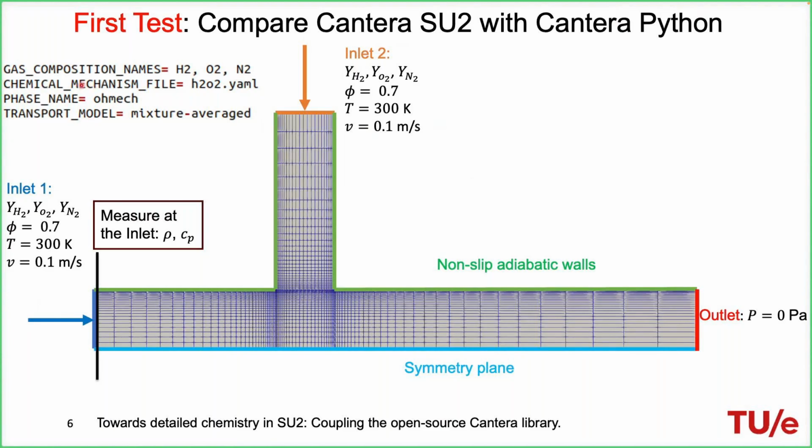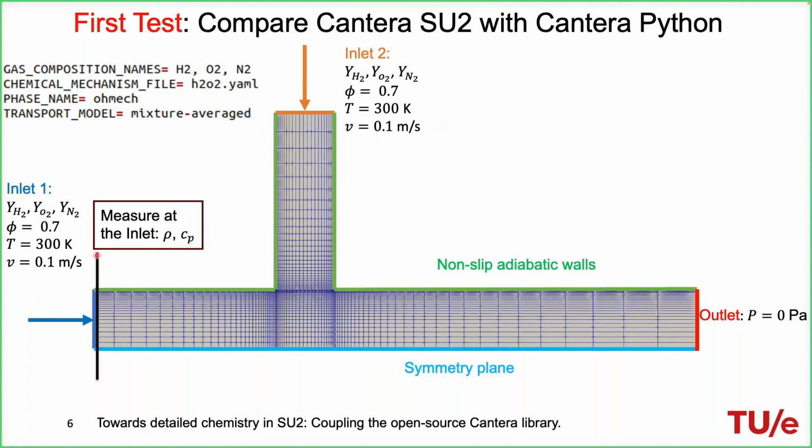We use a chemical mechanism, which is H2O2, and we use this phase name and the transport model mixture average. At both inlets, we provide the same mixture composition, which has an equivalence ratio of 0.7.